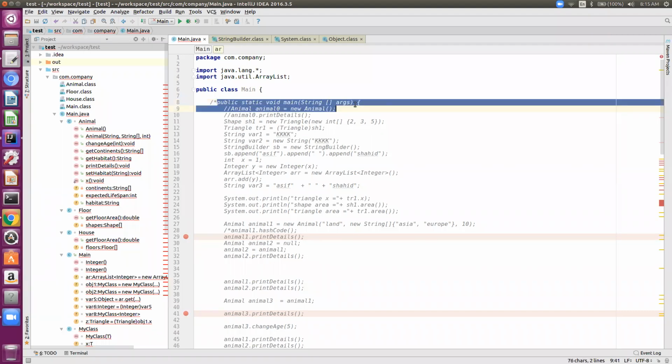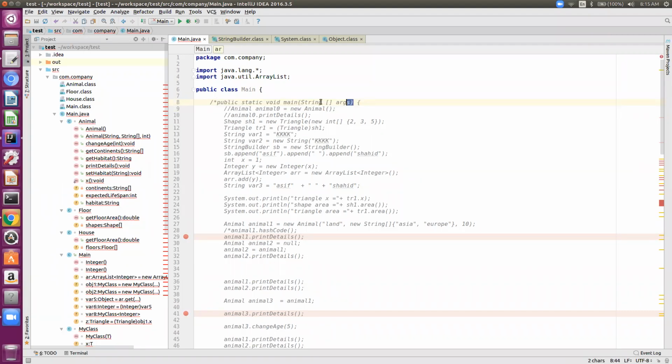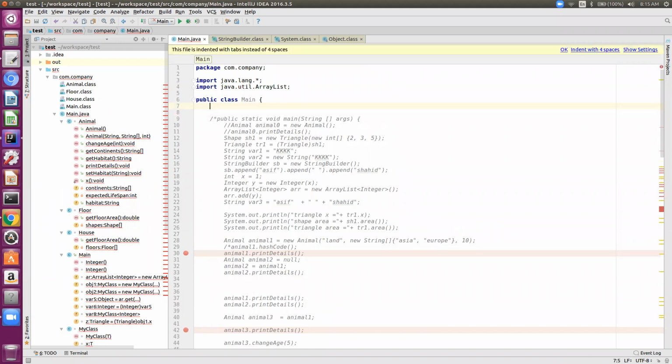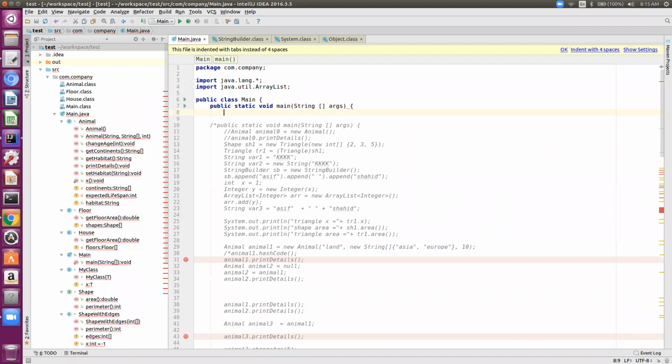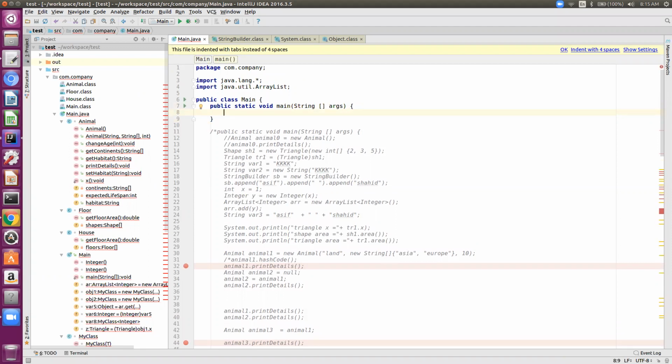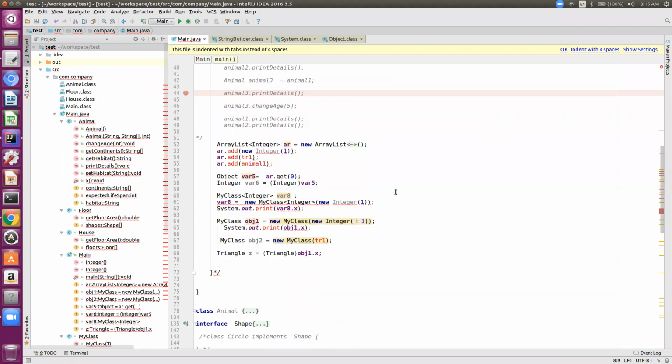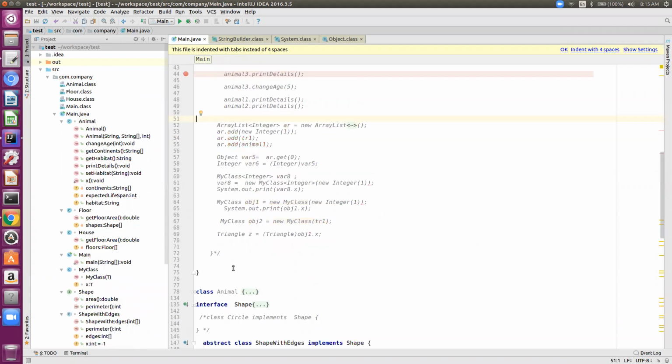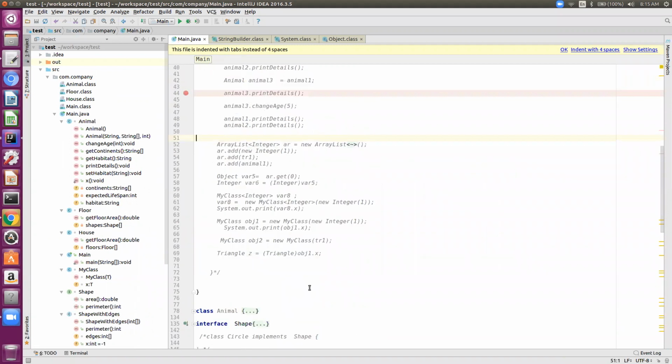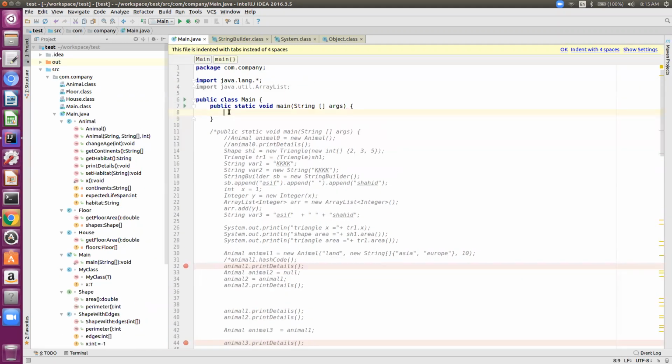This is how a Java program looks, main and all. We will come to it a little later once we have done with the data types. To declare a variable of a data type in Java, we do something like int x equal to 4.